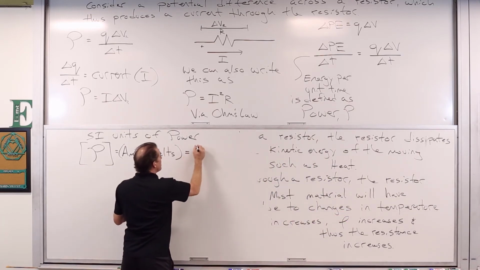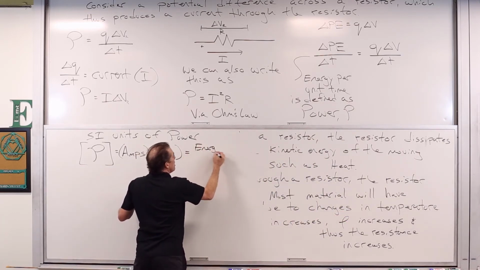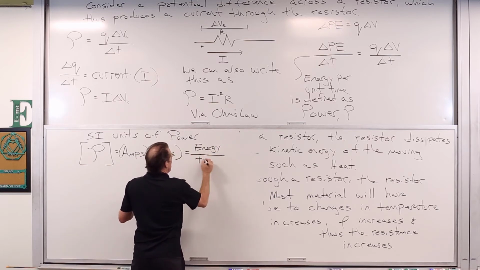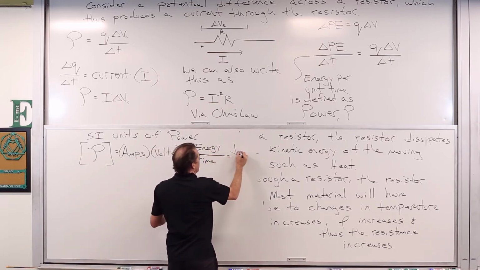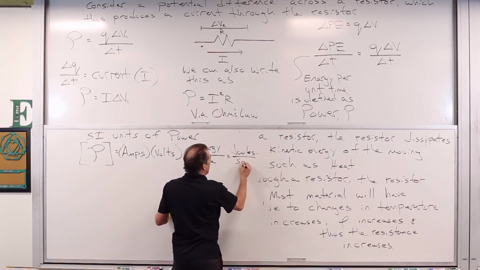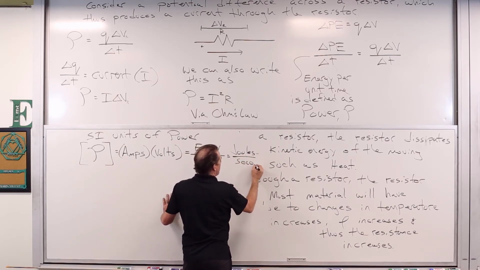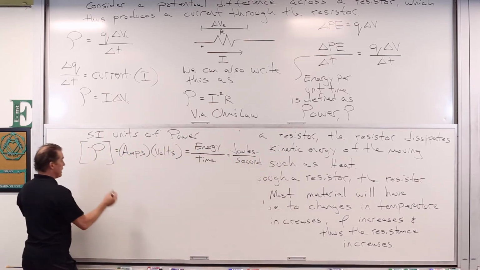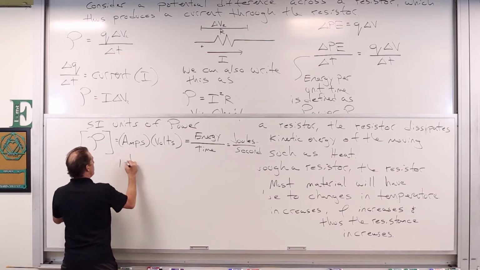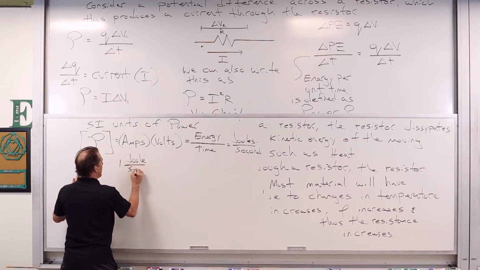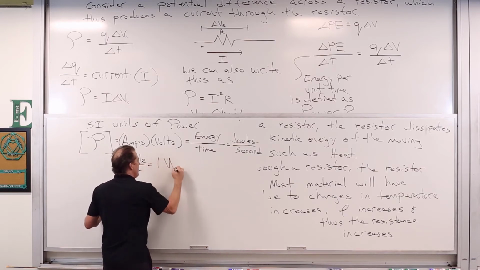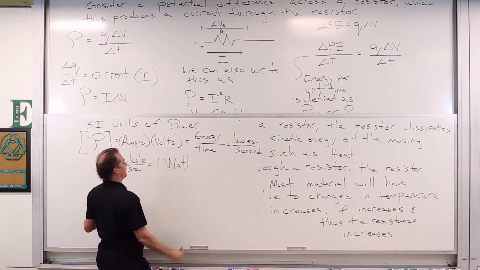So we can also write this as units of energy per time, which is joules per second, which is equal to 1 joule per second is equal to 1 watt.